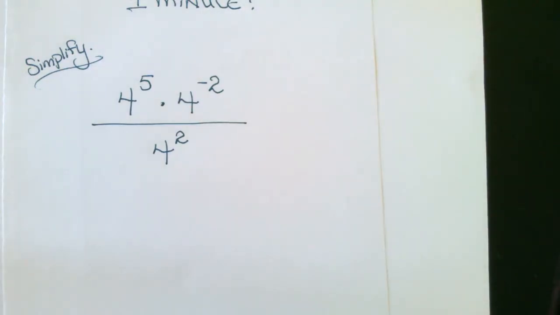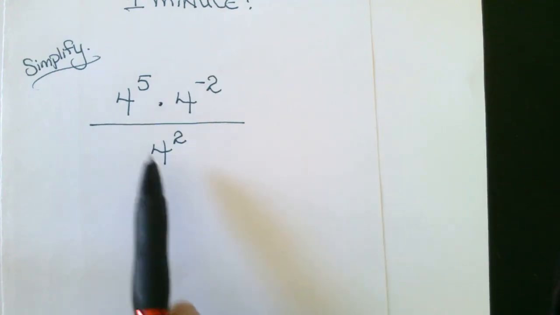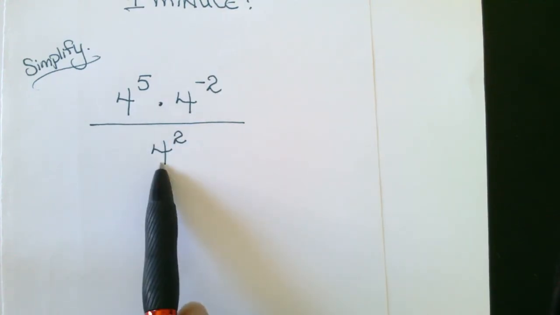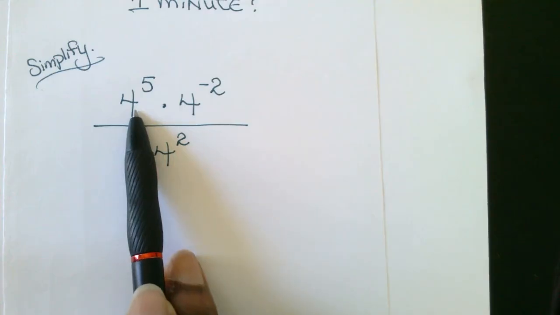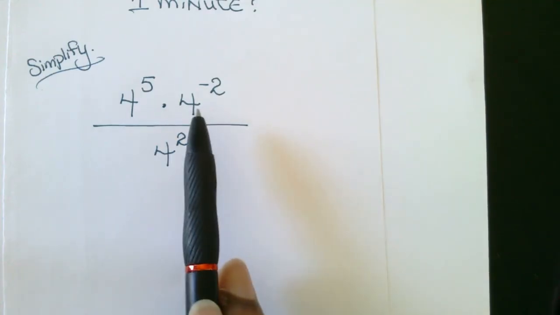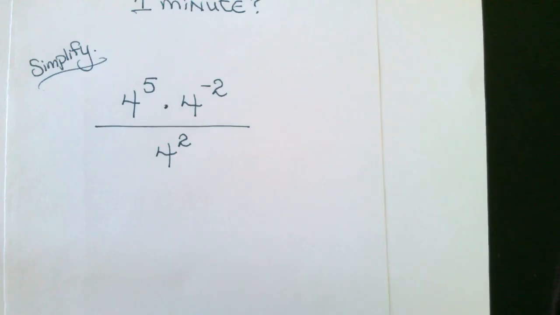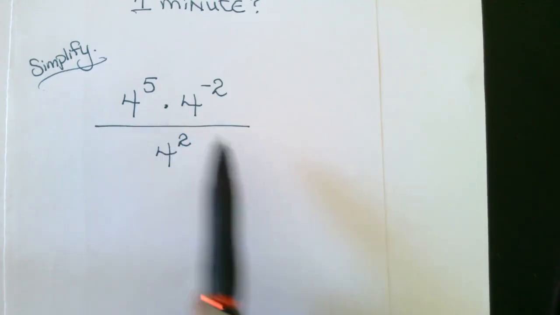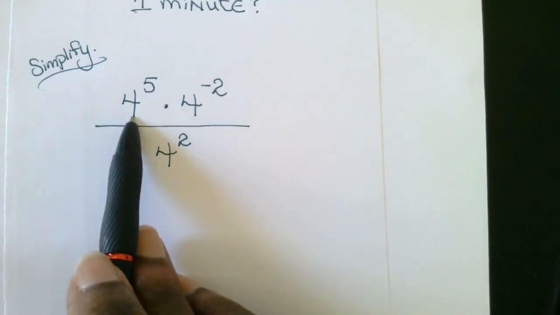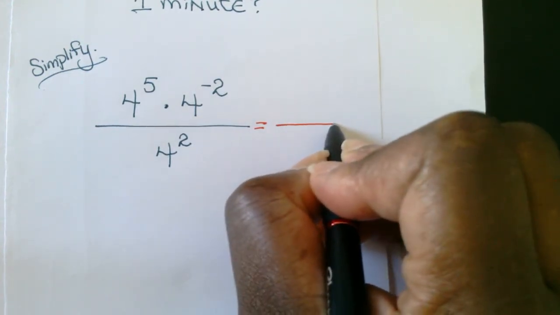Alright, so let's take a look. First thing that jumped at me is that the bases are all exactly the same. When you see the same base, you don't need to multiply 4 to itself 5 times or take the negative second power of 4, and you don't have to do all that. What we could do is use the properties of exponents. Let's take our numerator first.